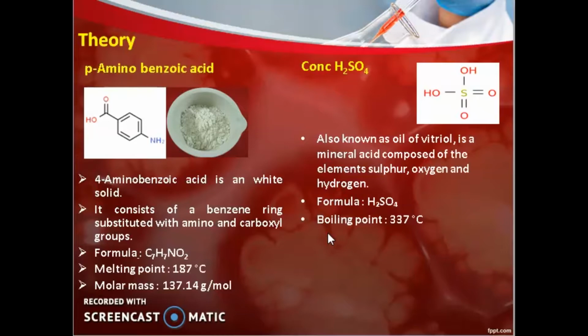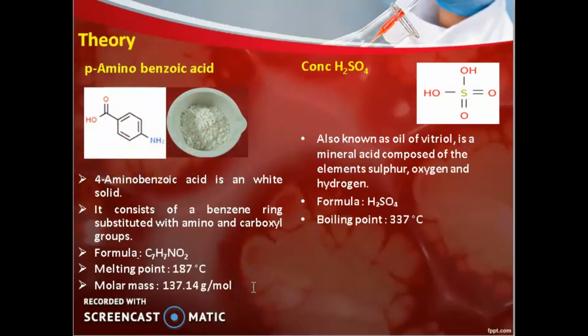So next we go for the theory of chemicals. First, para-aminobenzoic acid. Para-aminobenzoic acid is a white solid. It consists of a benzene ring substituted with amino and carboxylic groups.